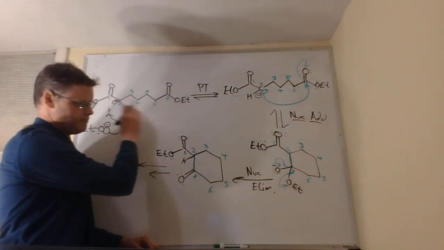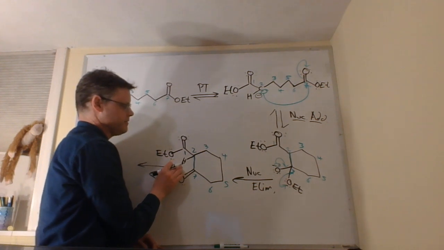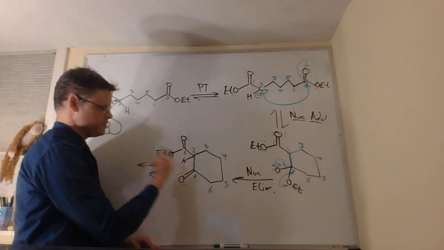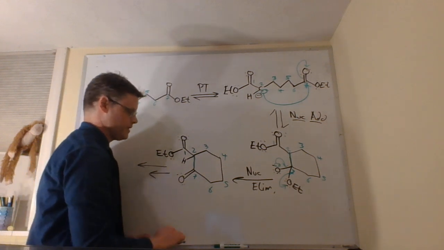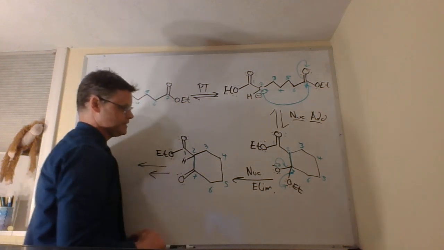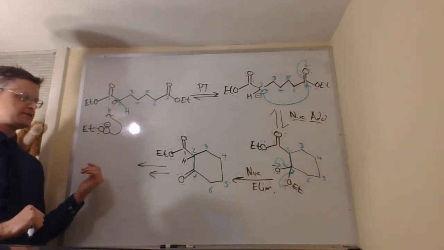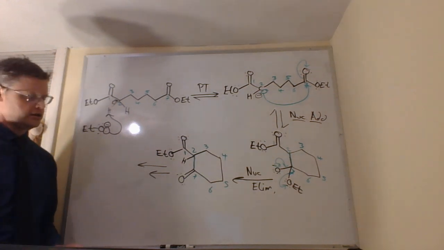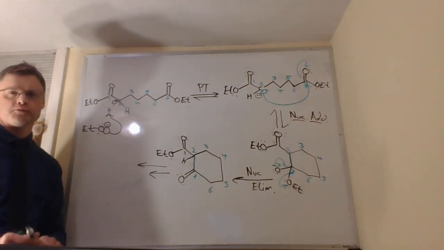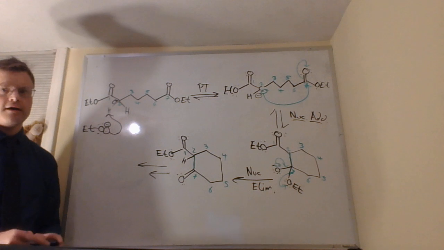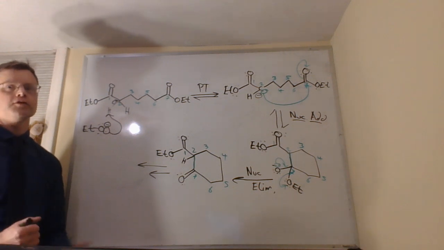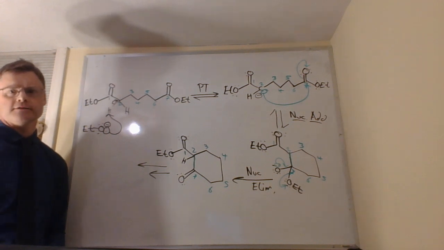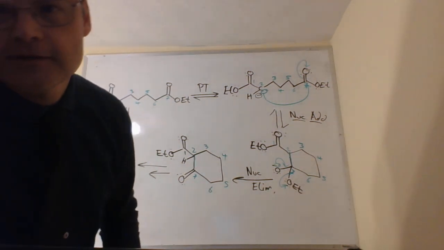So another molecule of ethoxide is going to come in and pull this off, and then another step with H3O plus puts it back on. That's the reason why Claisen condensations are considered base promoted rather than base catalyzed, because you have to use a full equivalent of your base.